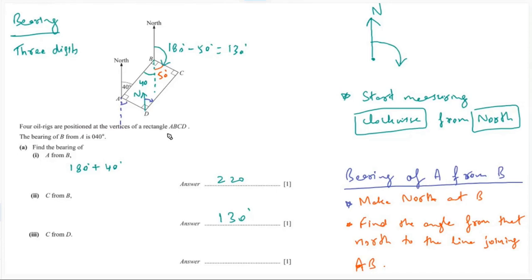From 180 we subtracted 40 and subtracted 90, that's going to be 50 degrees. If this angle is 50, this angle that is being formed is alternate to this angle that you can see here, so alternate to this angle, this is also going to be 50.